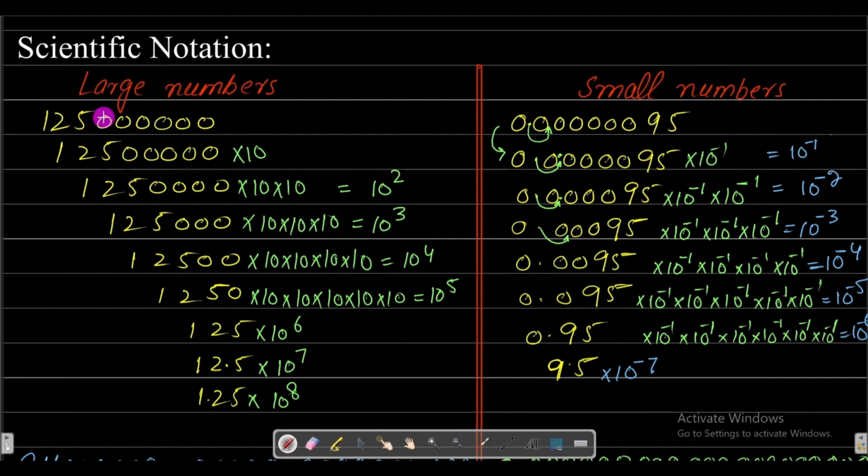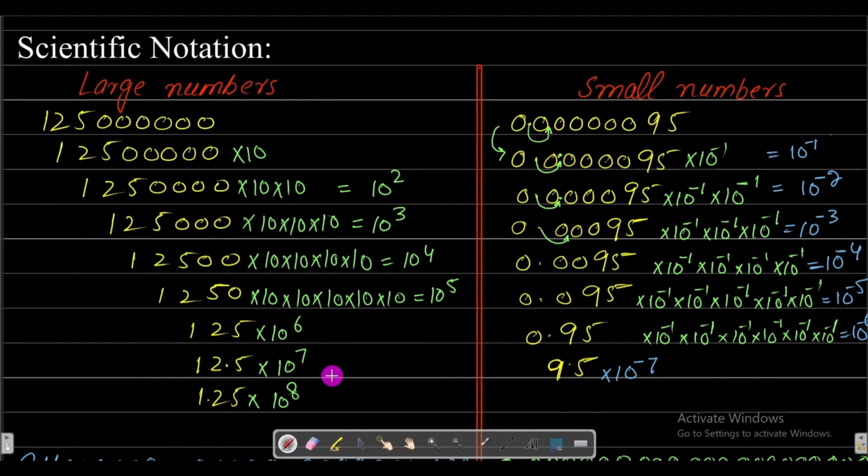So in order to reduce the size of the large number, we will multiply that by 10. For each step, we will multiply that by 10, and that multiplication by 10 can be written in the exponent form, and here this is the compact form of this original number, and the magnitude of this and this is the same.